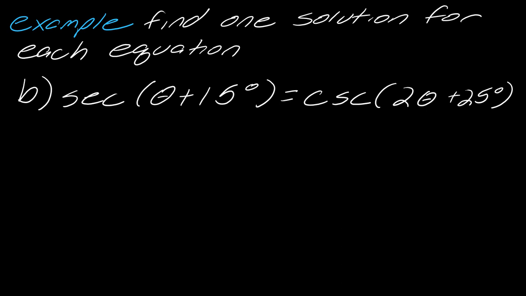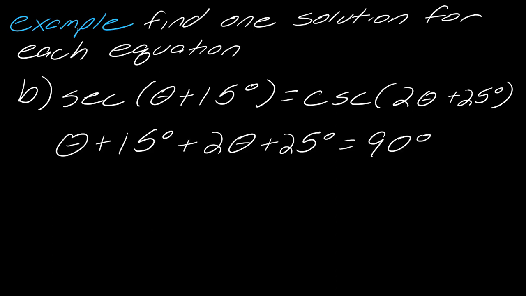Okay, so I've got secant and cosecant, so these are cofunctions of one another. And so once again, I know then this angle and this angle needs to add up to 90, right? So once we know that, we can just keep going. So I've got 3 theta plus, let's see, 40 degrees equals 90 degrees.